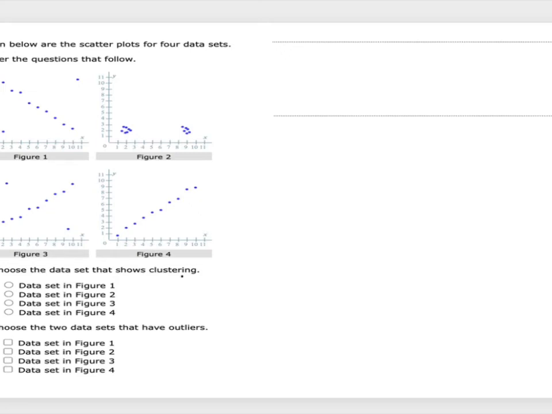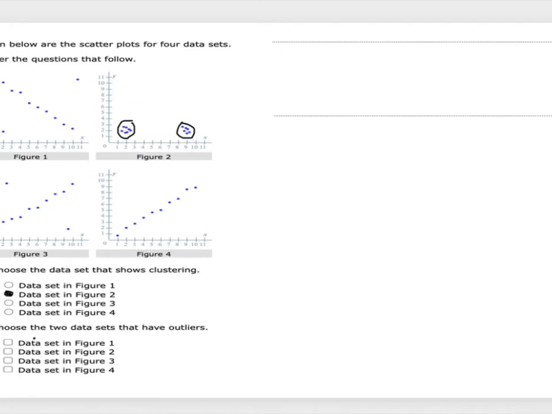Well, clustering is bunching all together. Wouldn't you say that this one up here is showing clustering? Okay, it's bunching up together. So we're going to say the data in set 2, figure 2, shows clustering.